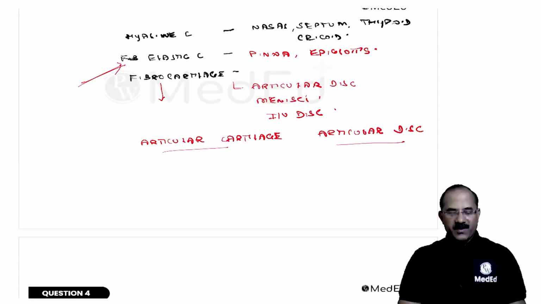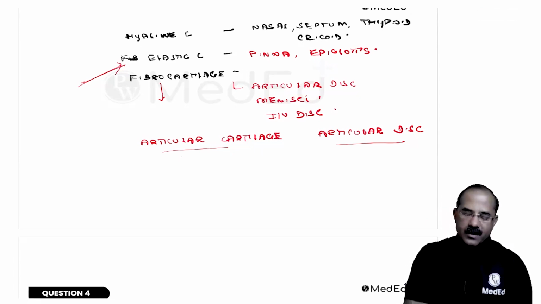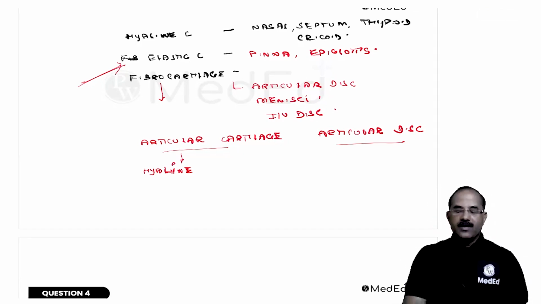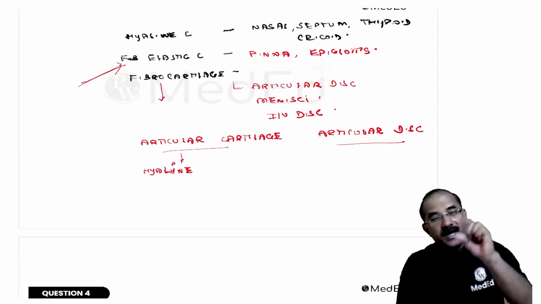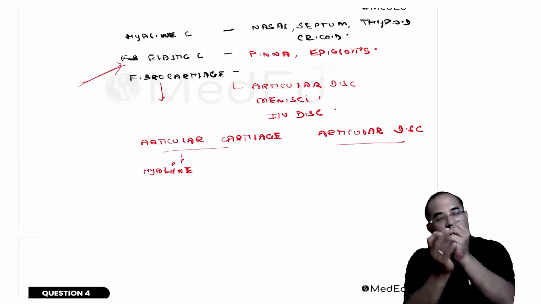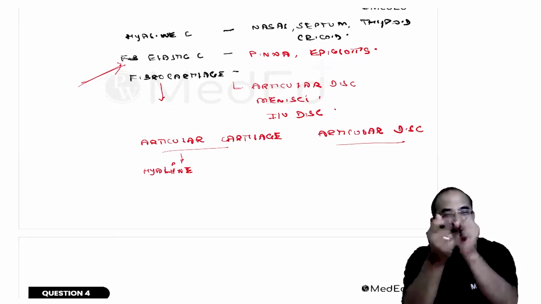Yes, articular cartilage is hyaline. Very good, that's excellent. Articular cartilage is an example of hyaline cartilage. What is articular cartilage? It lines the surfaces of the bones which take part in the formation of joints.